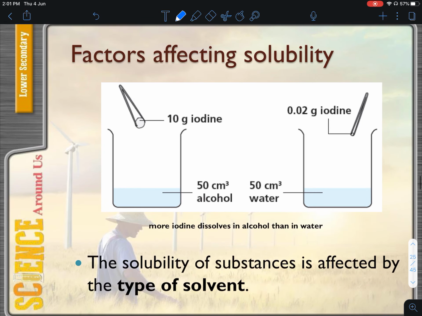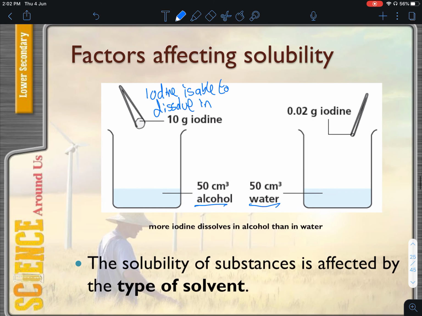Now let's look at the other side of the rule where you use iodine but you use a different solvent. Everything else is the same. So what you can see is that iodine is able to dissolve in alcohol more than in water.